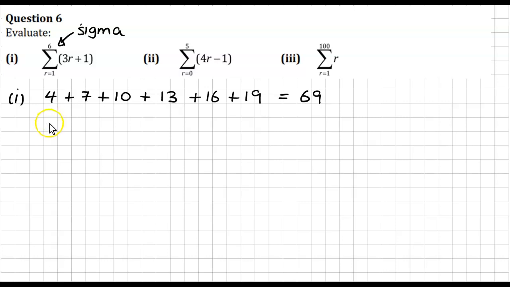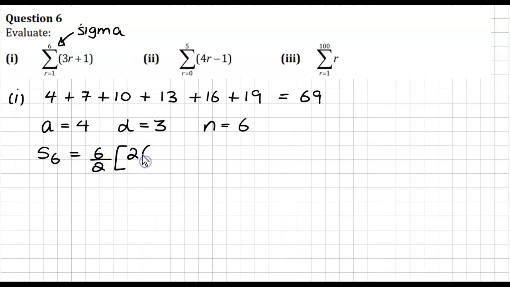But obviously what if I wanted to use my formula? I know that my A is 4, that my D is 3, and that we actually have 6 terms. So S6 would equal 6 over 2, 2 times 2A, 2 times 4, plus n minus 1, which is going to give me 5, times the difference of 3.